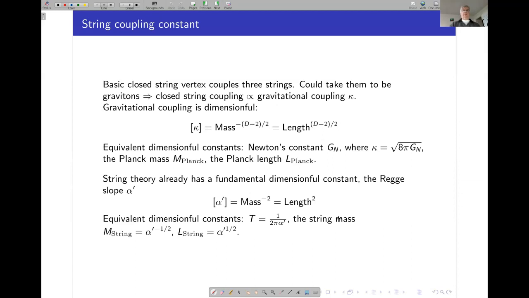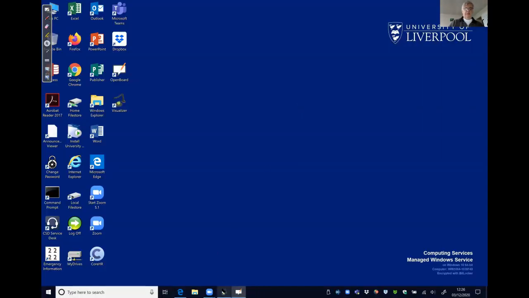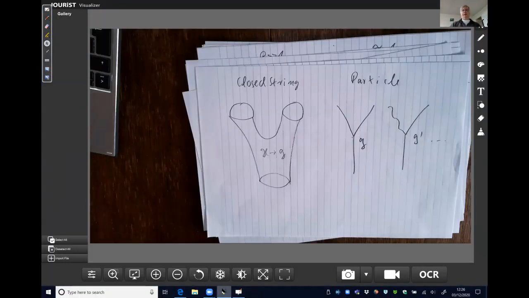Good. Now I wanted to say something about the string coupling constant and its relation to the dilaton. So let's first talk visually about the string vertex. My new device seems to work.